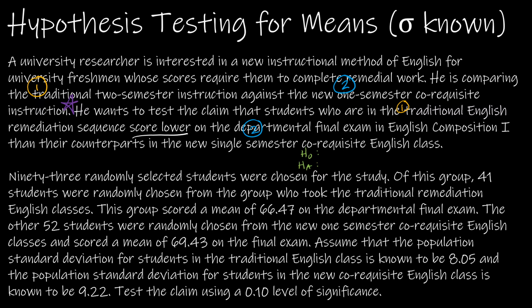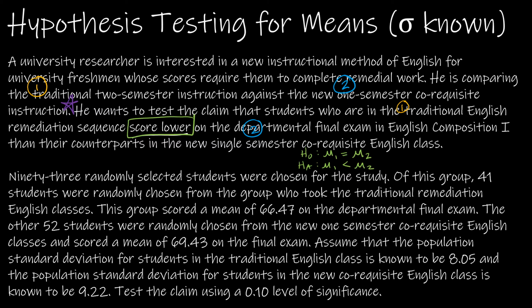So unless it tells us that we're expecting there to be a difference already, then we expect for those differences in instruction to not make a difference in terms of their scores. So you can either write mean 1 is equal to mean 2, so mu1 equals mu2 for the null, and the alternative is based on score lower, so 1 scores lower than 2.